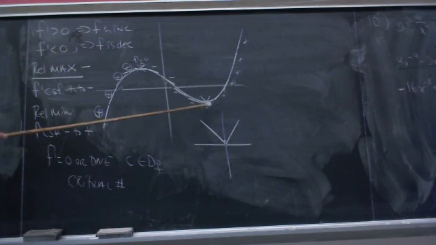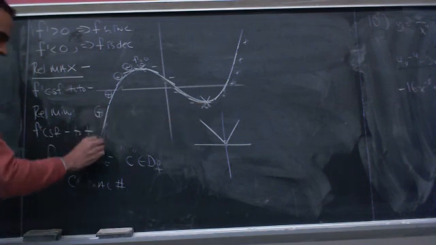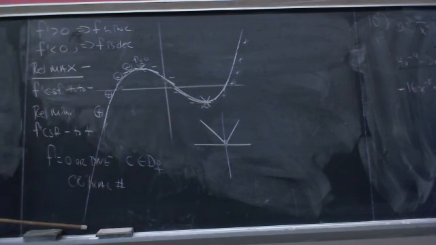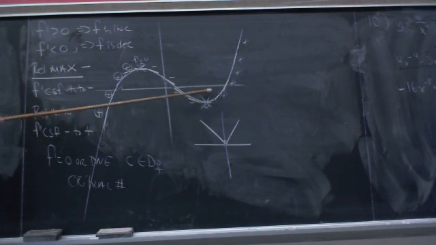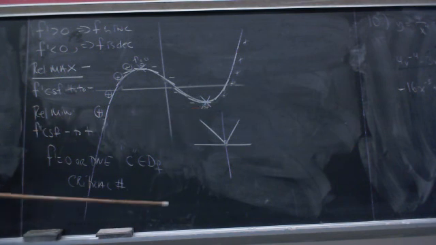So if this graph continues all the way, if it started from a negative infinity direction, this would not be the lowest point on the graph. But in comparison to the points around it, it is the lowest point. So we call it a local minimum.